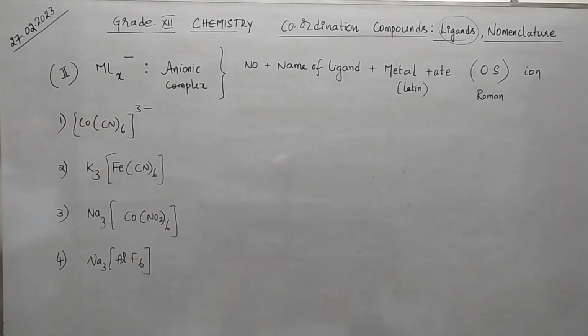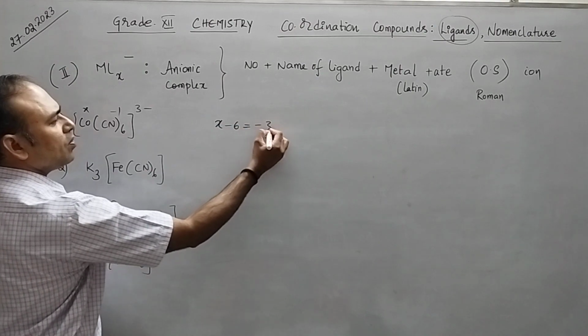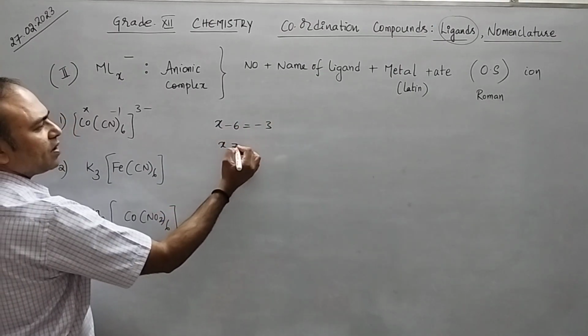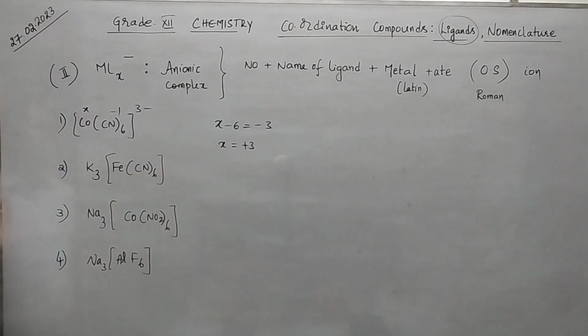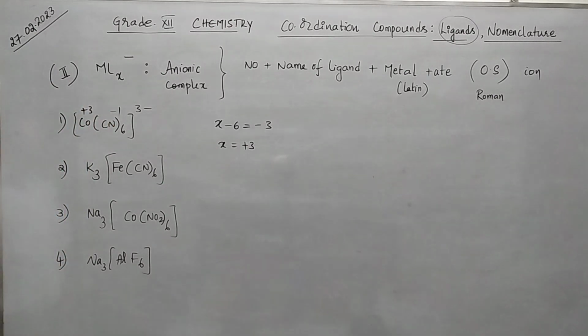Now the first one is Co(CN)6 3 minus. This is an anionic complex. CN we have minus 1. This is X. If you want to solve, we can write X minus 6 is equal to minus 3. Send this to the other side, we have X is equal to plus 3. So the oxidation state we have calculated, that is cobalt will have plus 3 oxidation state.